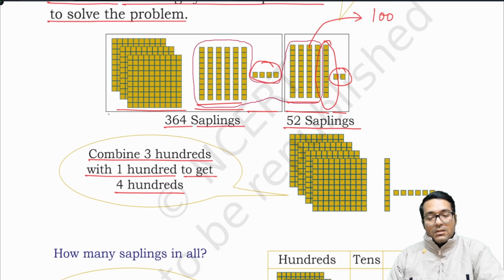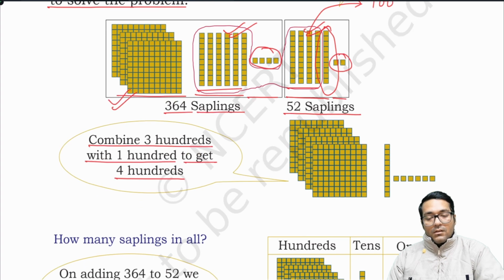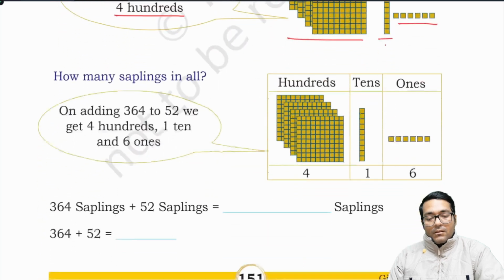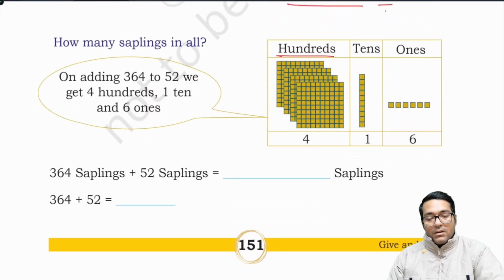You can see 300 here and the 100 here. You can see 400, 10 and 6, that is 16. Hundreds, tens, ones: 4 hundreds, 1 ten, 6 ones, that is 416.